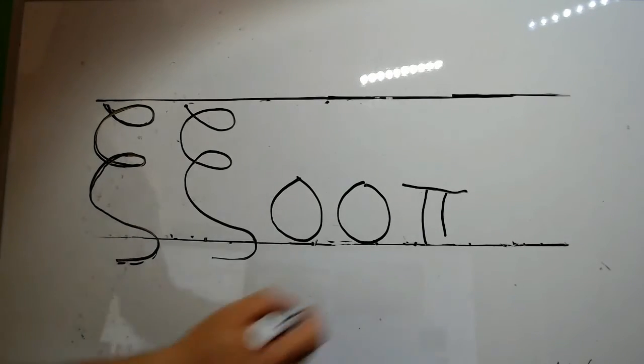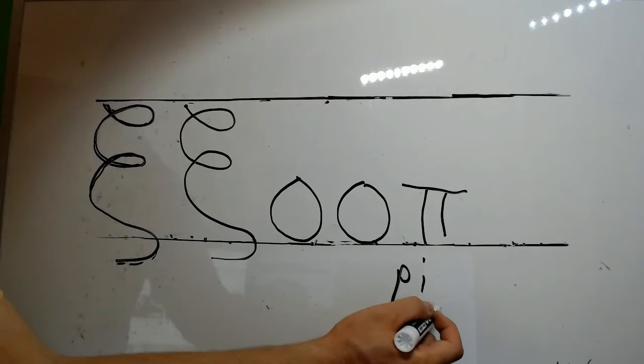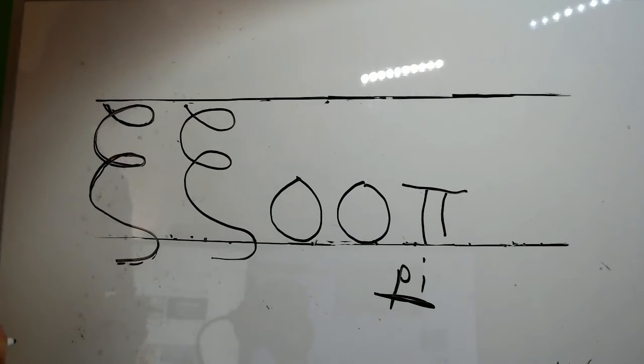So everybody knows what this is, right? Pi. 3.1415, etc. In Greek, we're going to say this a little bit differently. This is not pi. Pi in Greek is something that you eat, at least in our Greek class.